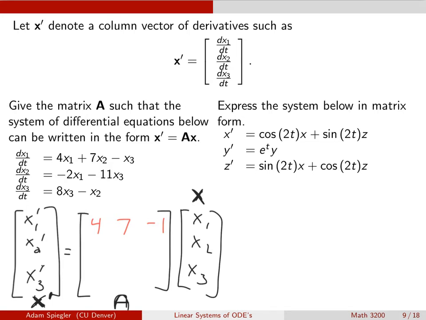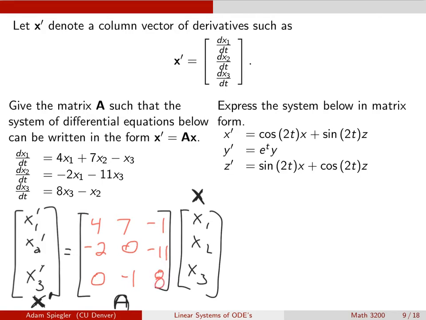So the first entry here would be the coefficient in front of the x1, which is -2. We have no x2 in that second equation, and we have a -11 x3. And in the very last equation for dx3 dt, we have no x1 term, we have a -1 in front of the x2, and we have an 8 in front of the x3.